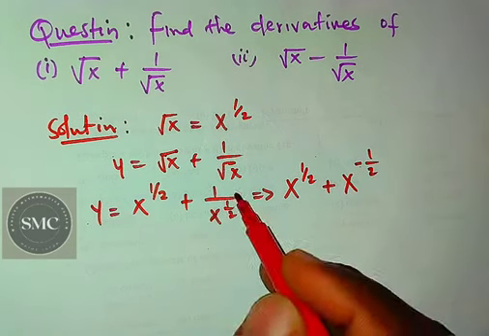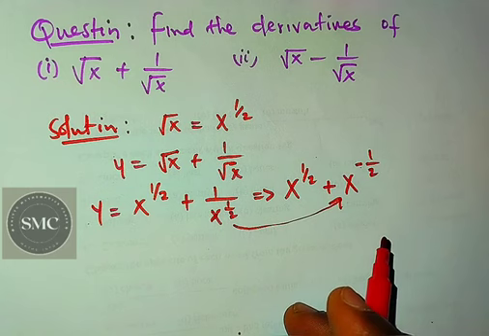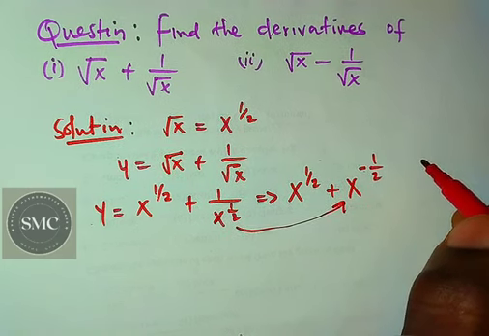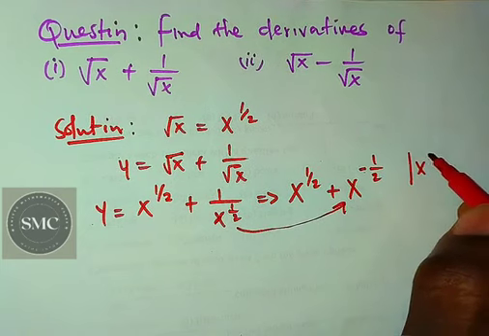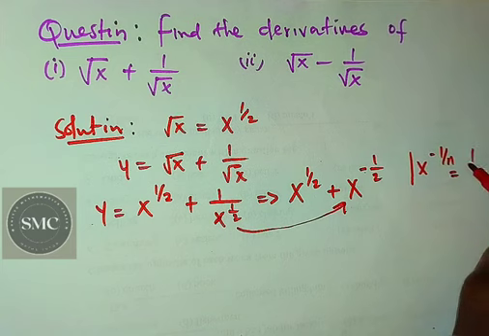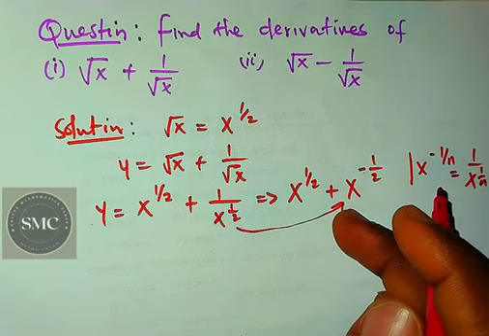This is the same thing, and that is from the law of indices. Whenever you have something like x to the power minus 1 over n, this is going to be 1 over x to the power 1 over n. Is that understood? So that is what we applied here.